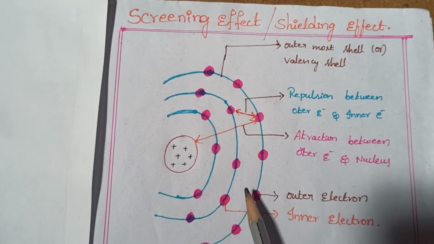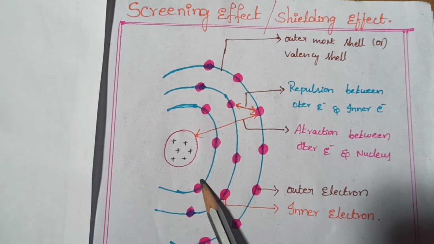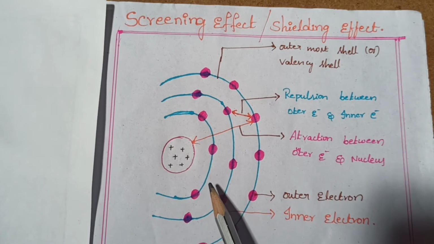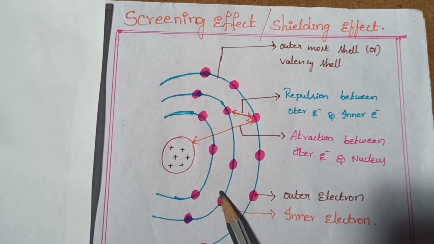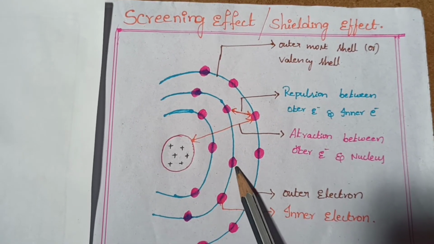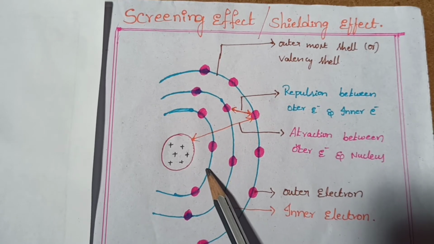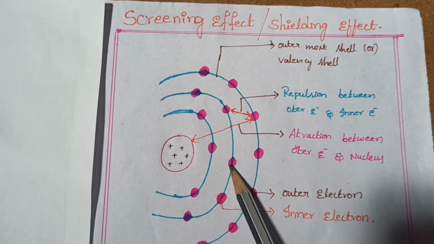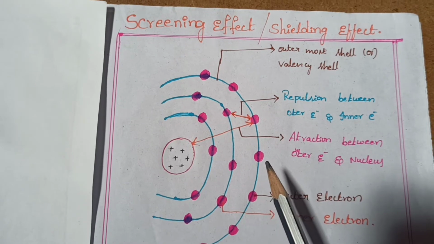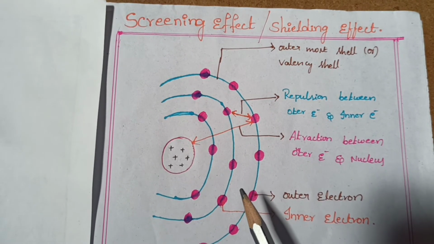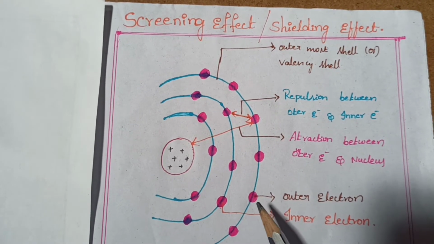These are the inner shells present along with this orbit, and these are the inner electrons.